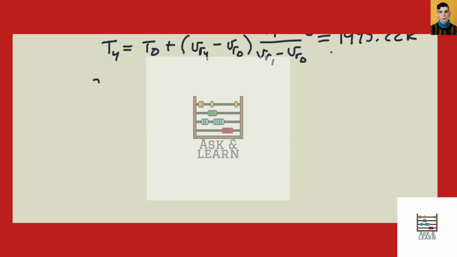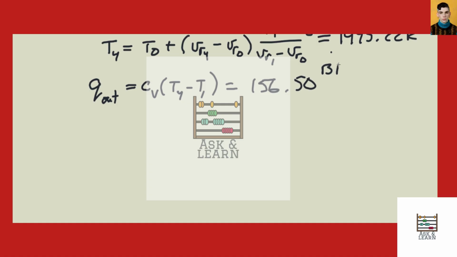We plug that into our equation. Q out is equal to our constant volume specific heat times T4 minus T1. We have everything we need here, and that is equal to 156.50 BTU per pound mass. So that's your heat rejected.